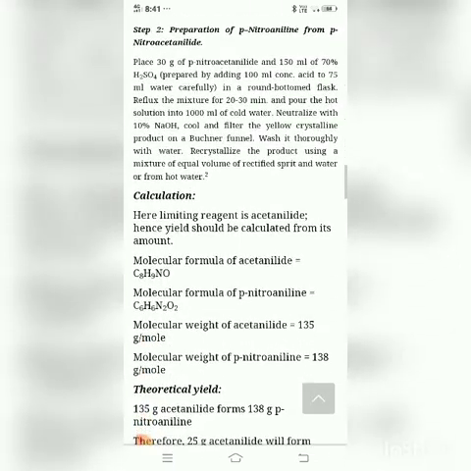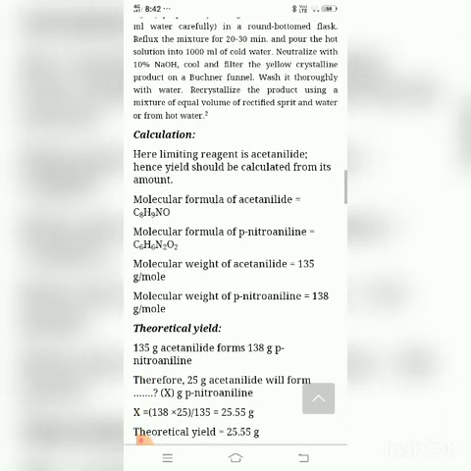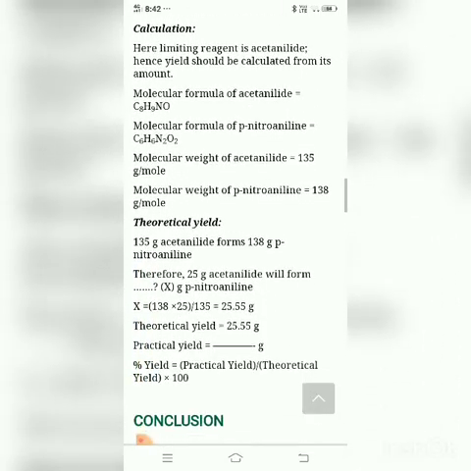What is the calculation of this synthesis? Here is the reagent acetanilide, whose molecular weight is 135 gram per mole, and p-nitroaniline, whose molecular weight is 138 gram per mole. Theoretical yield versus practical yield.